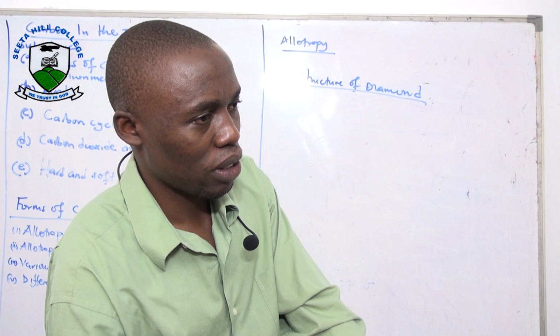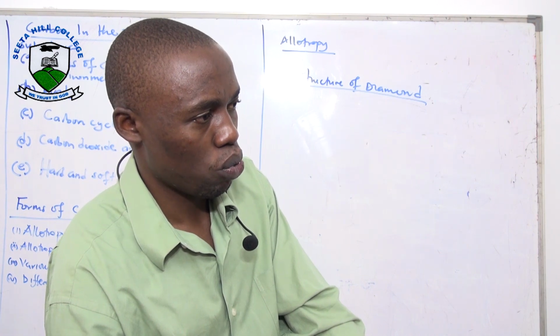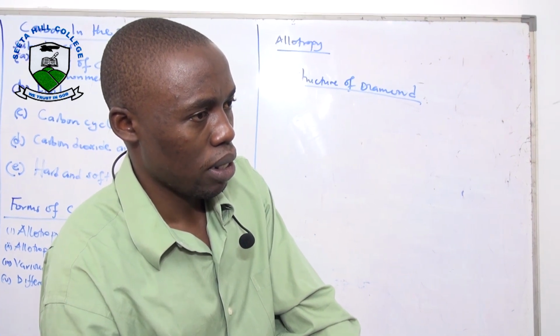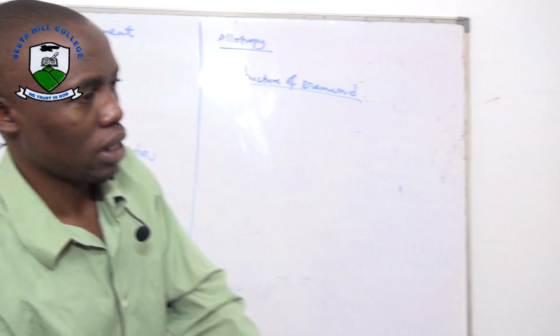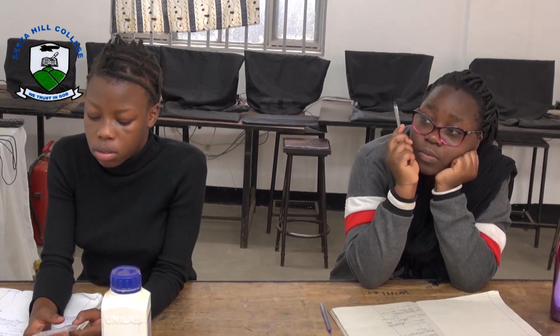Remember, carbon has an atomic number of 6. How many electrons will it have? 6.